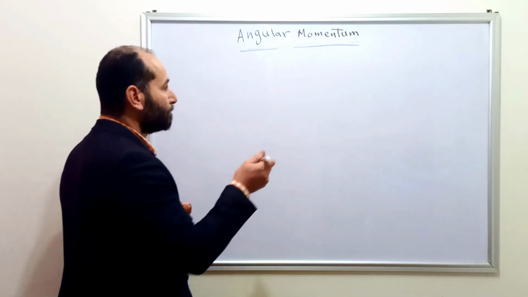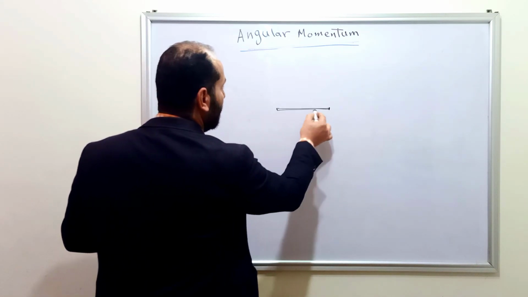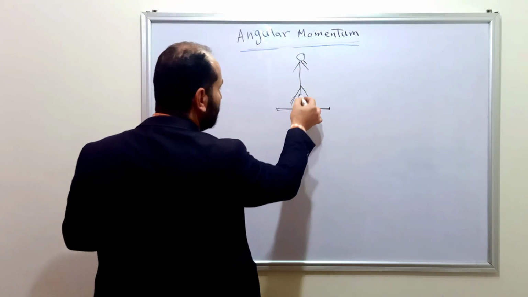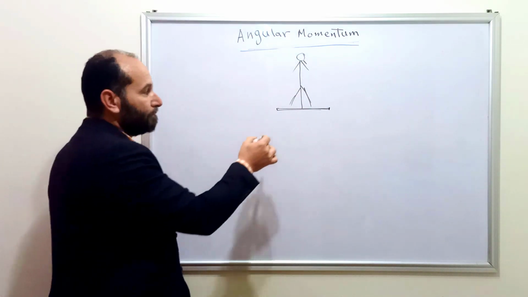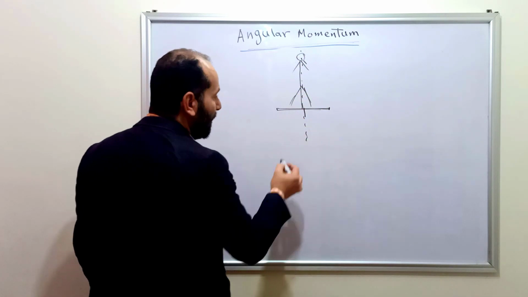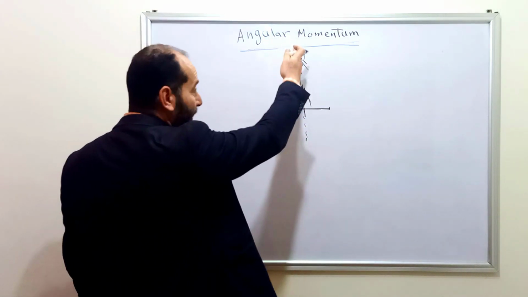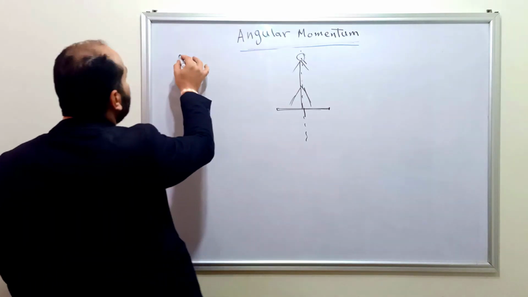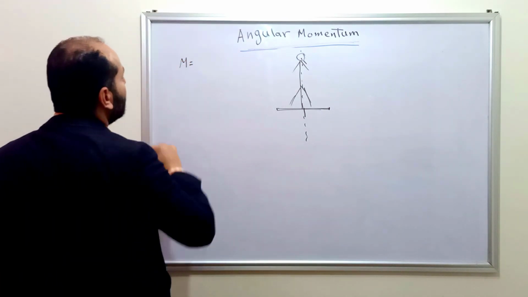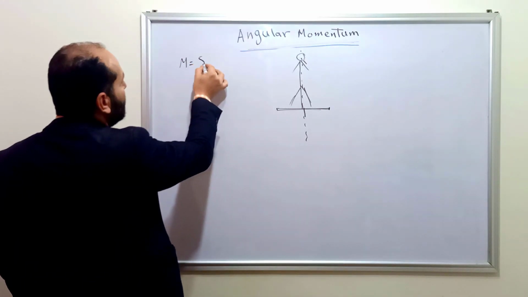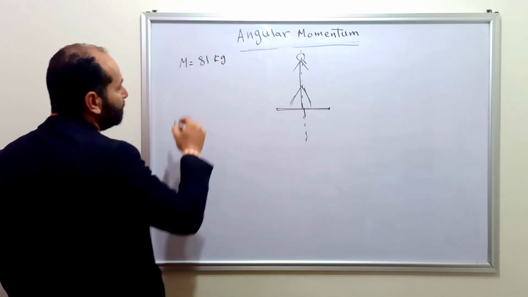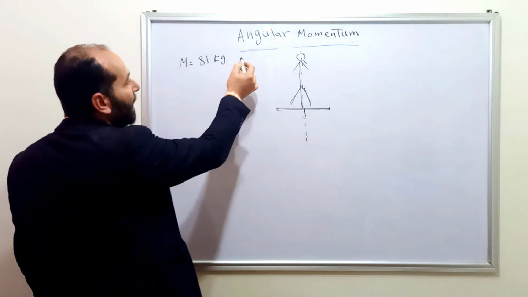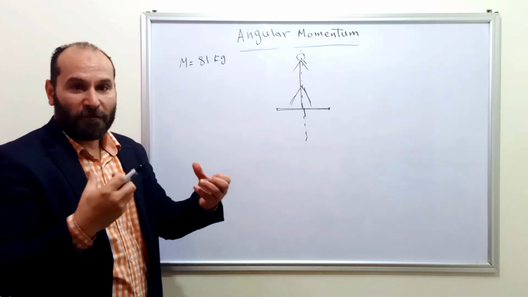If any person stands here on a disk and rotates about the center of mass of this disk, and the center of mass is on the axis of symmetry of his body, then let the mass of this body equal about 81 kilograms, and this man carries 2 kilograms in each of his hands.